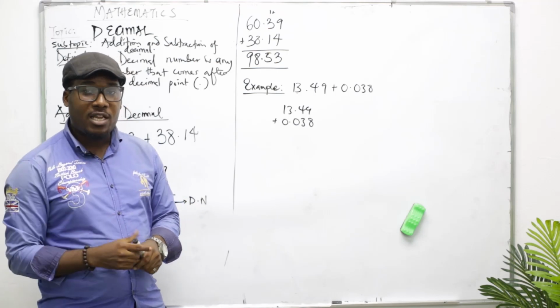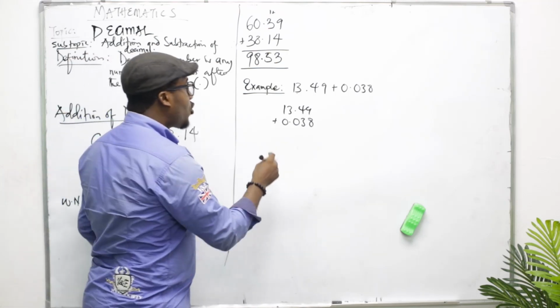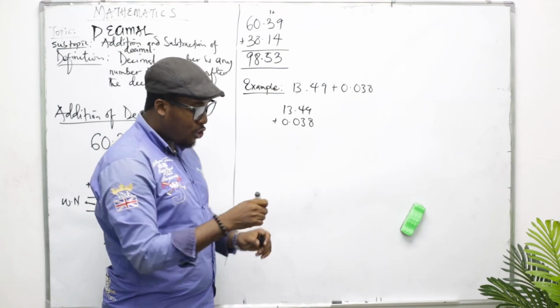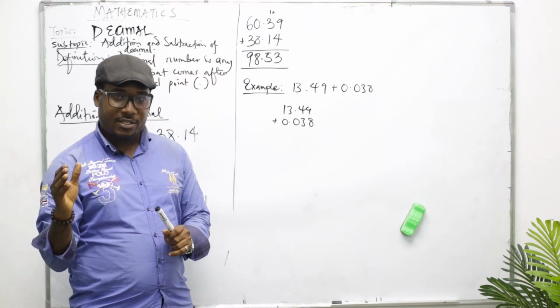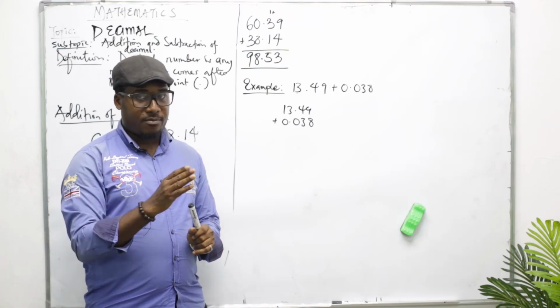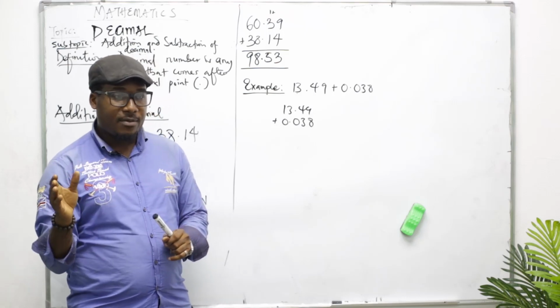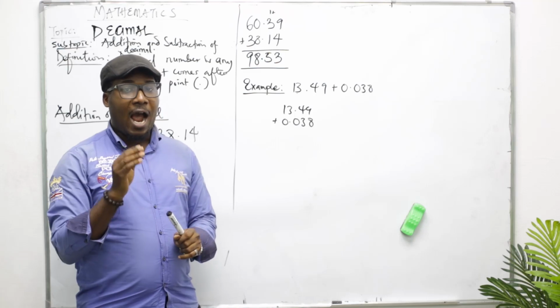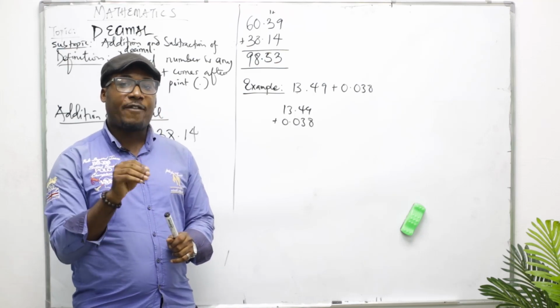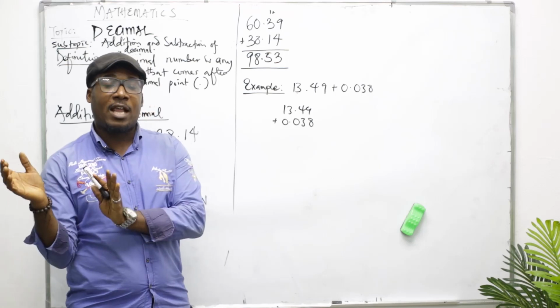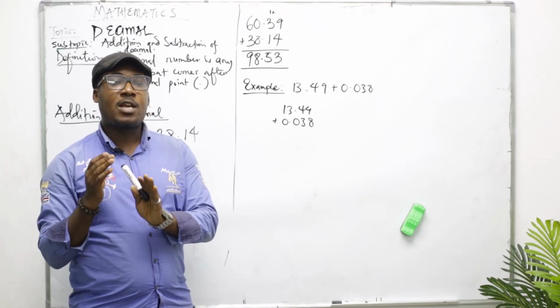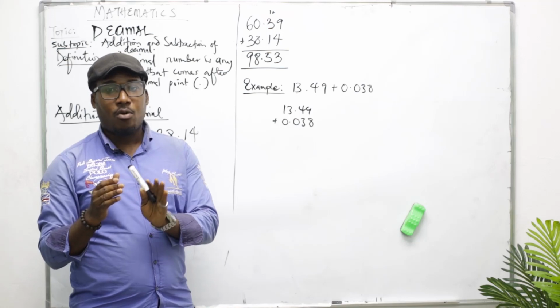The right way of doing this mathematics is to place your values from right to left. Everybody that comes after the decimal point will be on the right hand side, and everybody that comes before the decimal point will be on the left hand side.